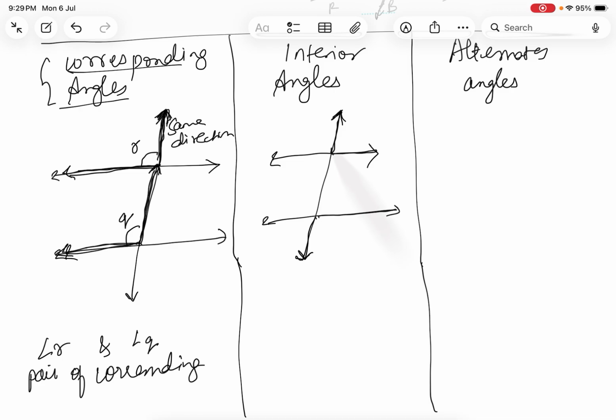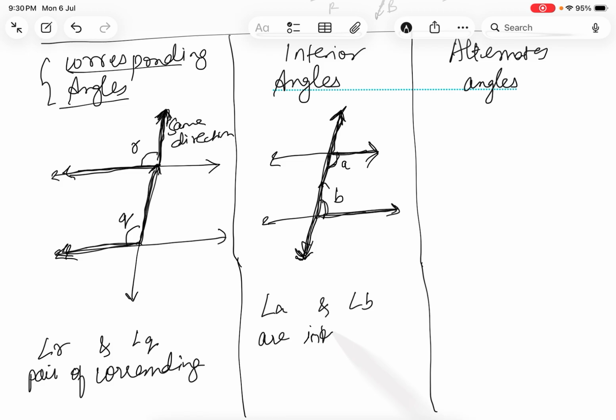You see, this angle is on the opposite side, this angle is on the opposite side, but the other arm is on the same side of the transversal. Then such angles are known as interior angles. So here angle A and angle B are interior angles.